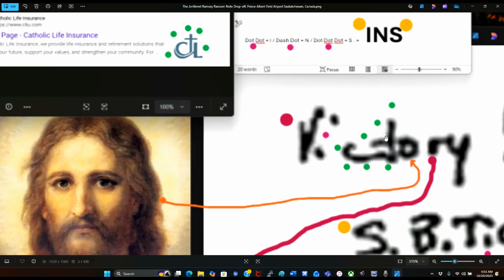So he's associating Catholic life insurance with the ransom money, right? You have the Jesus. That's the Jesus right there. So why is the Catholicism important, right? Then we also have the INS, the dot dot, dash dot, and dot dot dot, right?